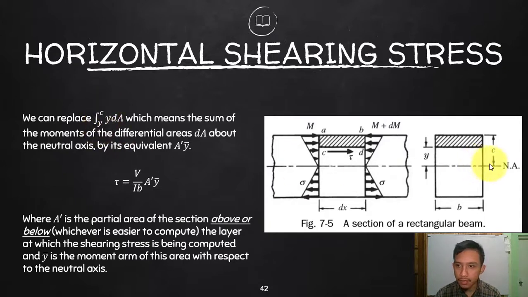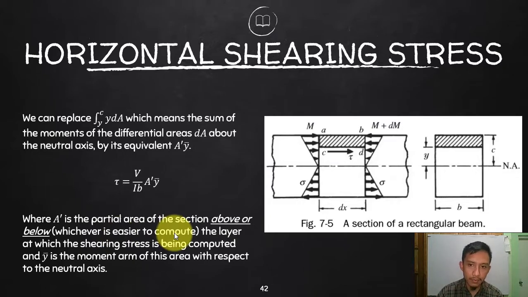So, A prime times y bar. A prime is the area of the part that we are considering, and y bar is the centroidal distance to your neutral axis. Again, A prime is the partial area of the section above or below, whichever is easier to compute.